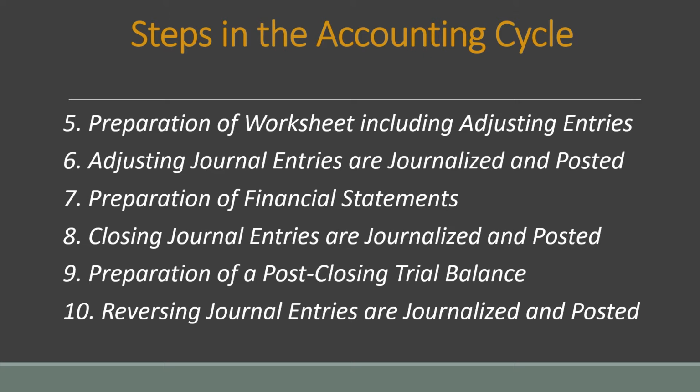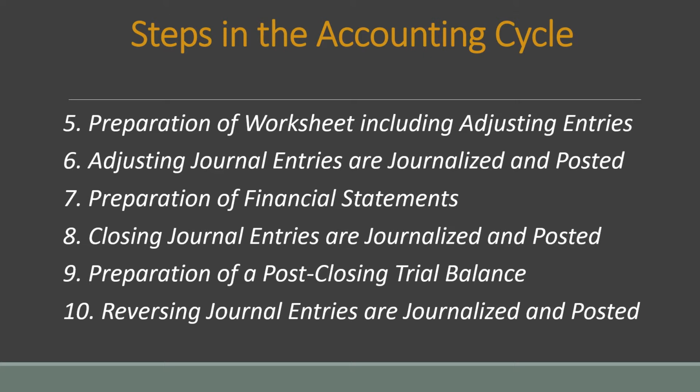So, yung third column and then fourth column of the 10-column worksheet is for the journal entries. So, we plot these journal entries. So, kung ano yung effect nitong adjusting entries natin, then pinaplot natin siya dun sa tapat ng accounts na affected niyang adjusting entries.